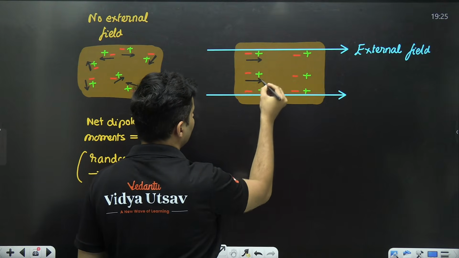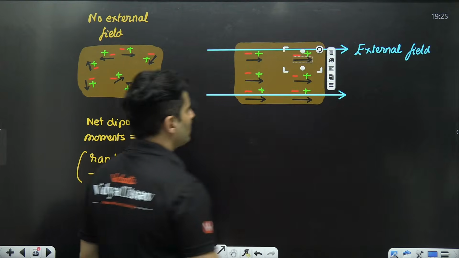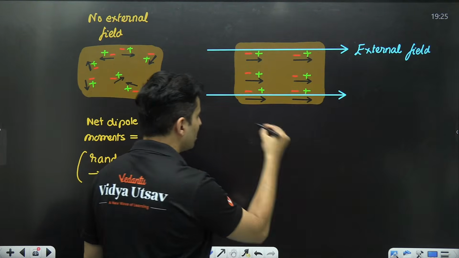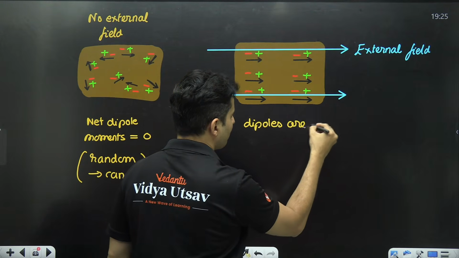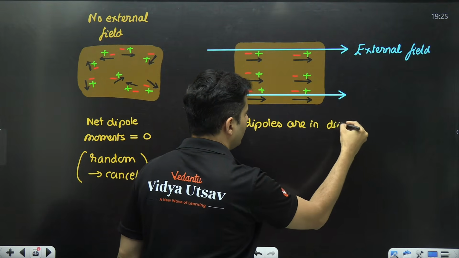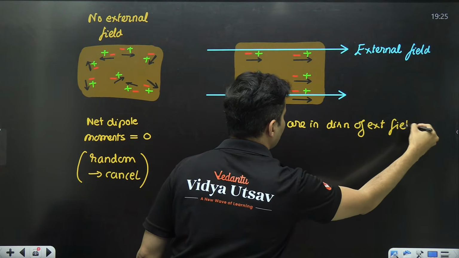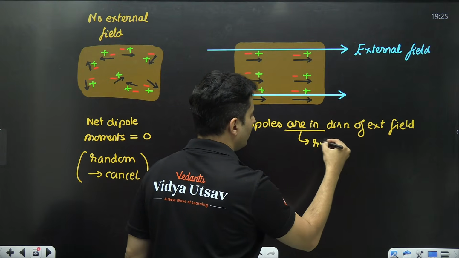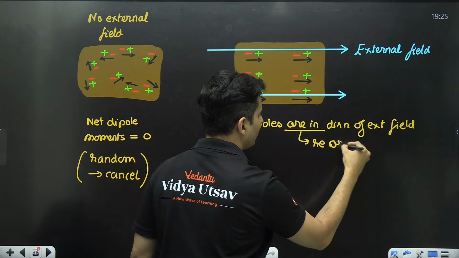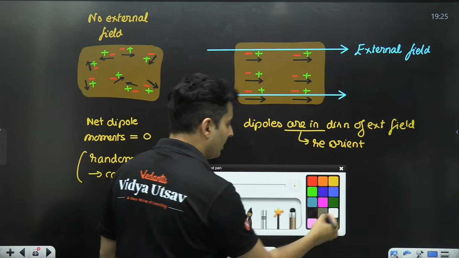So the dipoles are now arranged in the direction of the external field. They reorient themselves.